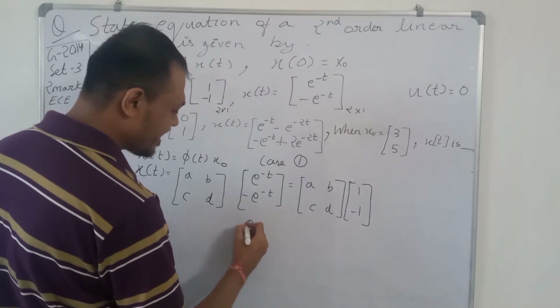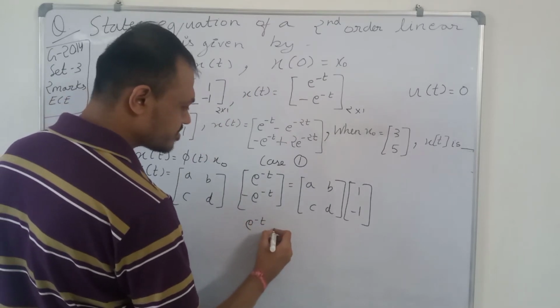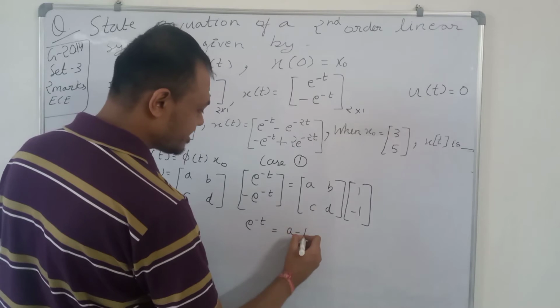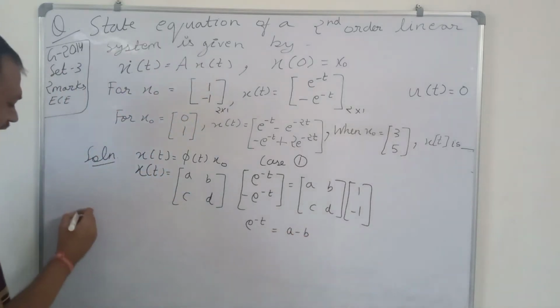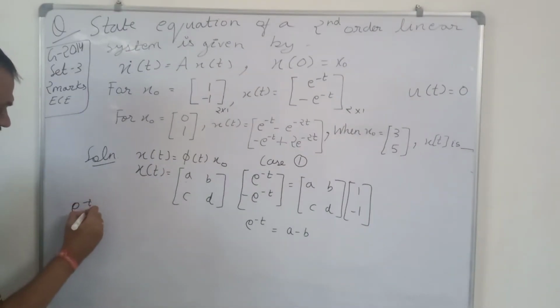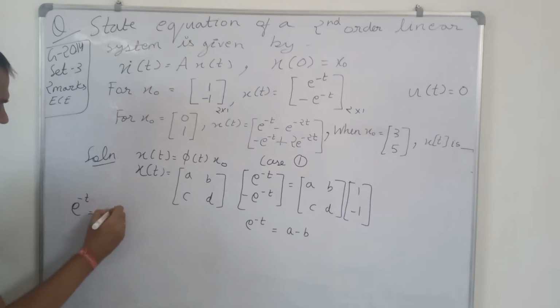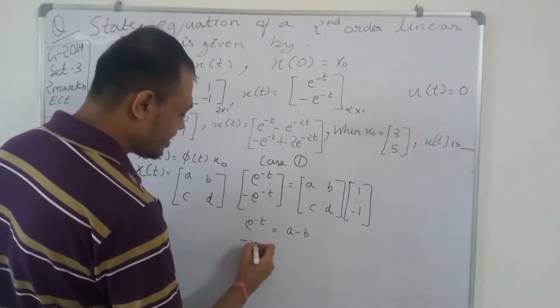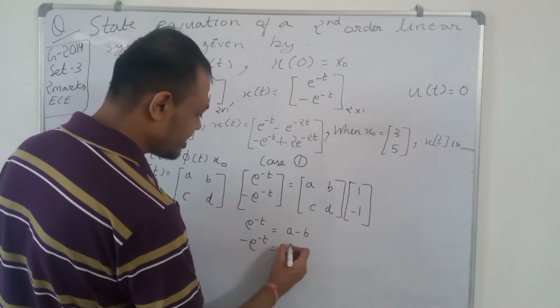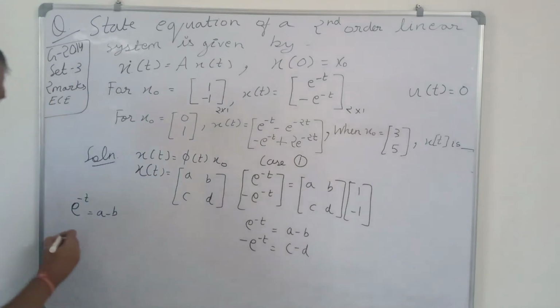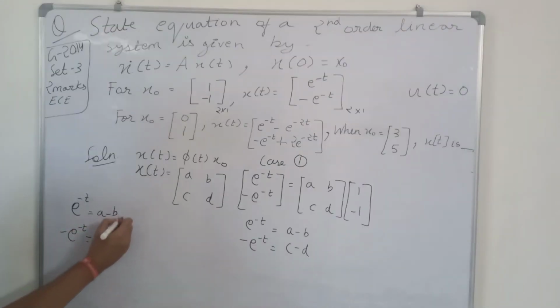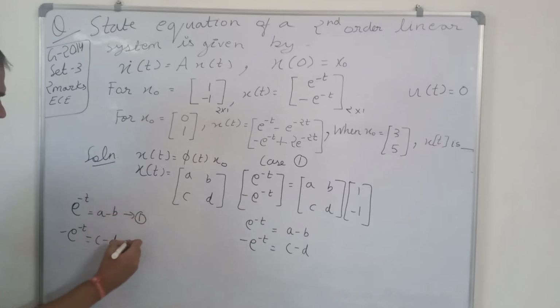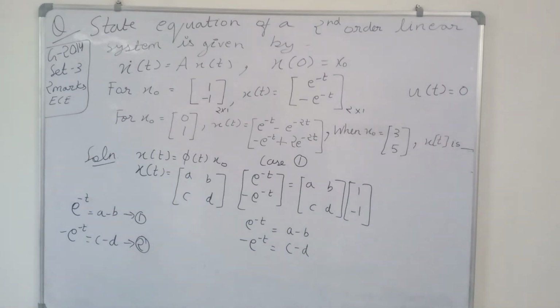So e to the power minus t is equal to a minus b, and minus e to the power minus t is equal to c minus d. This is equation first and this is equation second. Now we will see the second case.